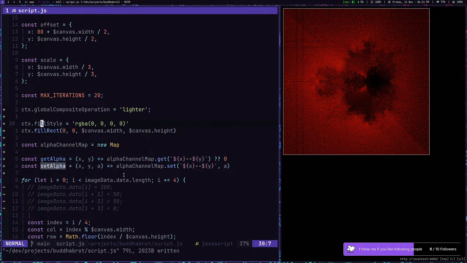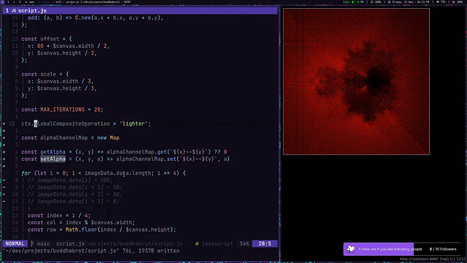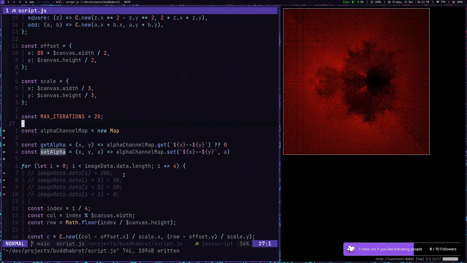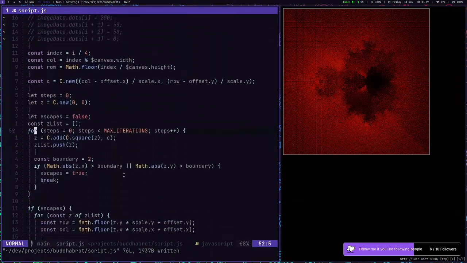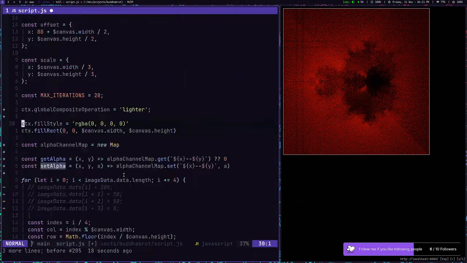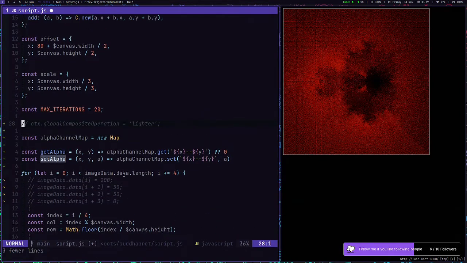Let's come back here. We don't need to do this. Global composition. I don't know if that's doing anything here. Oh, that was doing something. Okay, I feel like, let's comment that out. I don't know its relevance.